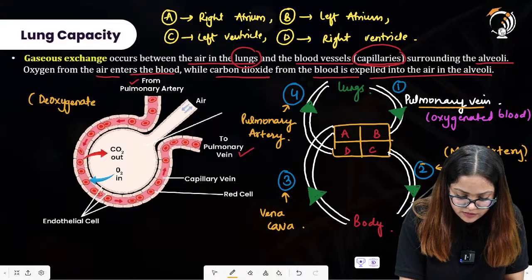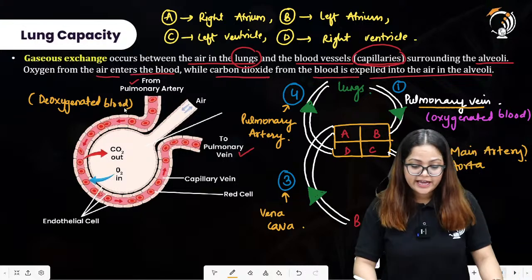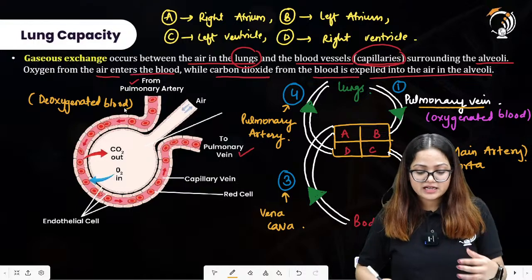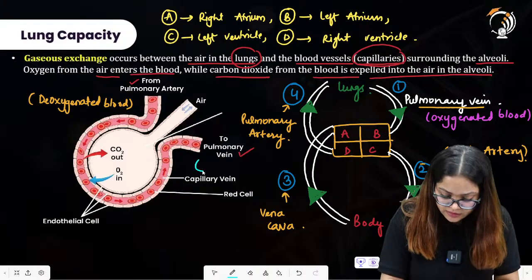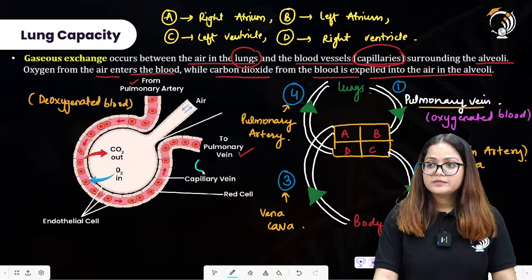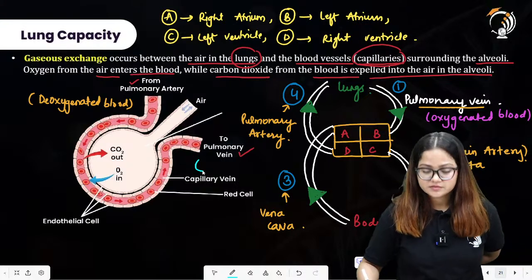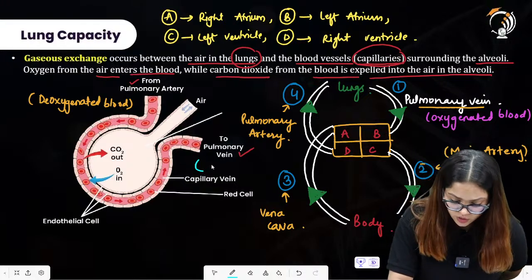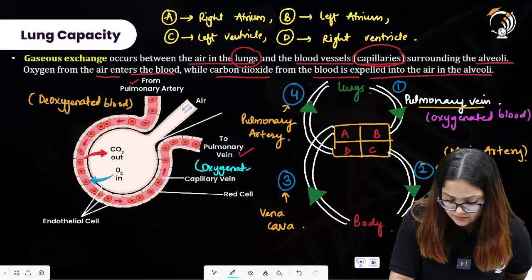And for the pulmonary vein, which kind of blood is exiting from the lungs here? Can you answer again? This is the oxygenated blood here.